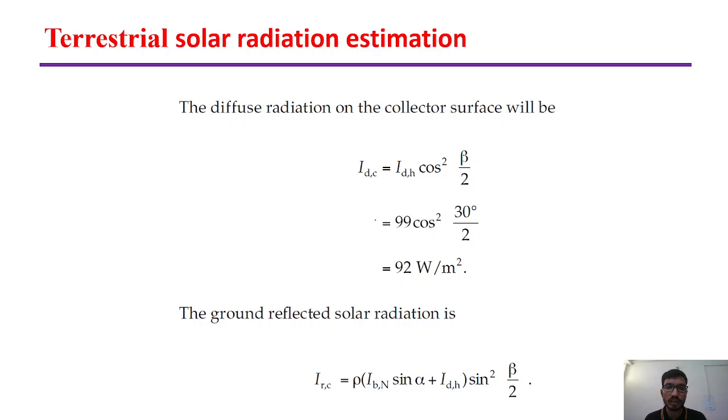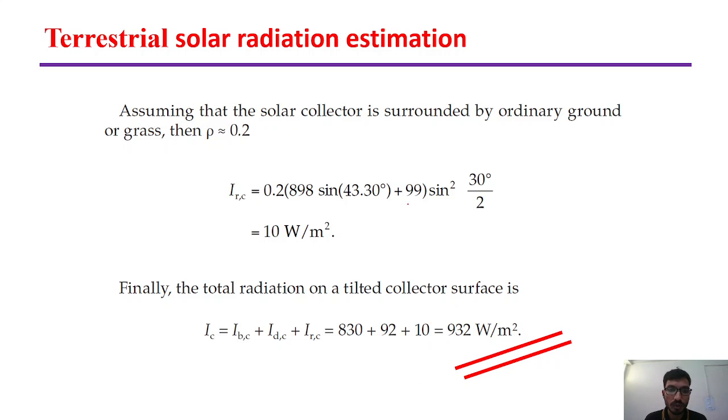Next, we come to the diffuse radiation on the collector surface. That will be a function of the IDH. The value of the IDH we calculate based on the extraterrestrial solar radiation. And similarly, we calculate the ground reflected solar radiation IRC, which is a function of rho, IBN and IDH.